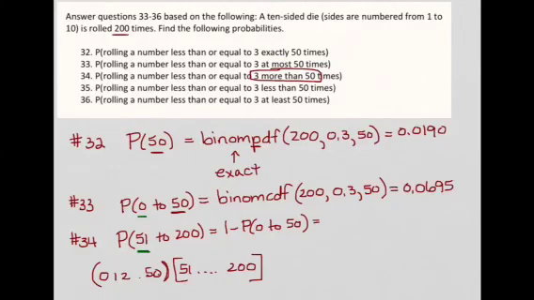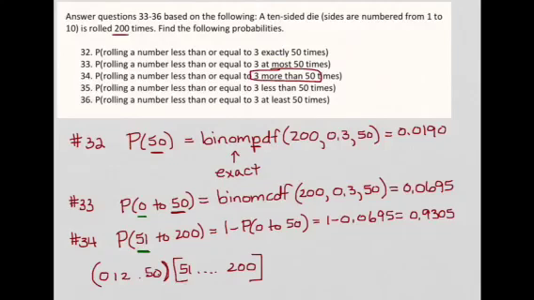Well, we just found the probability of 0 to 50 successes. So I could write this out as 1 minus Binomcdf, and you can type it into the calculator that way. But since I already know this probability for 0 to 50 is 0.0695, I'll just go ahead and subtract that from 1, and I get 0.9305.